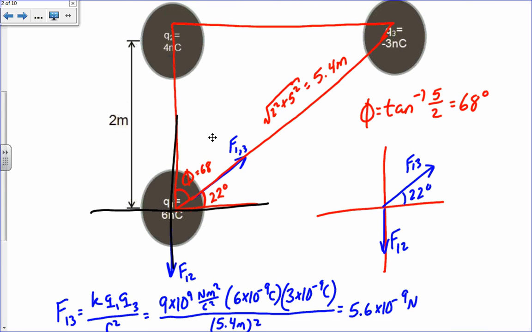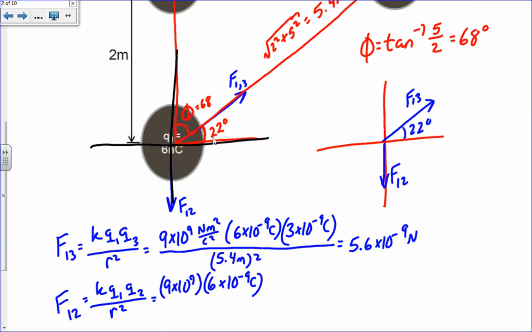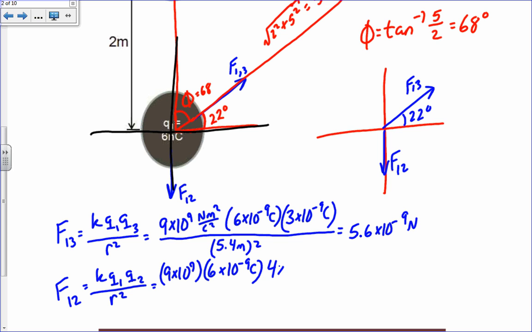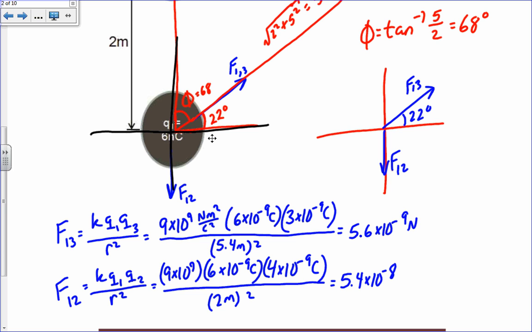Q2, what was Q2? 4 nanocoulombs. A good way to remember nano is that nano looks a lot like 9, and you know it's small. Over the distance squared, it's 2 meters. If you do that, you get 5.4 times 10 to the minus 8 newtons.